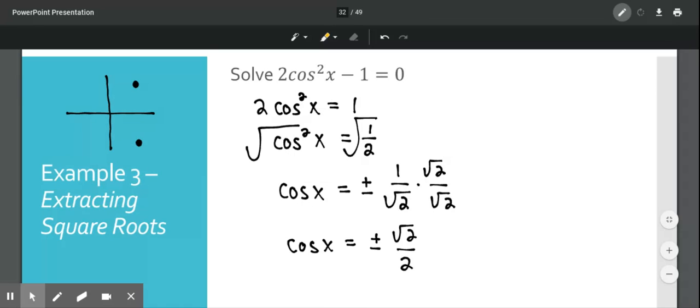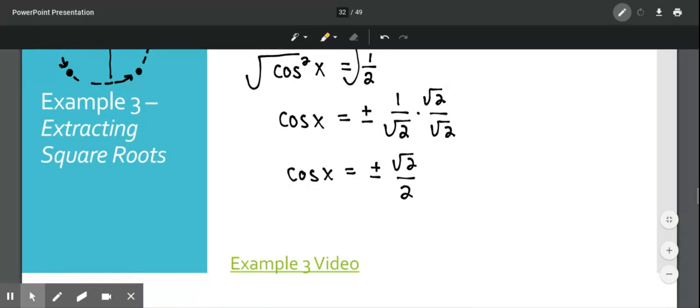And it's negative root 2 over 2 at 3 pi over 4 and 5 pi over 4. So it's all of these values, but if you think about it, from here to here is 90 degrees, which is pi over 2. And from here to here is 90 degrees, which is pi over 2. So these are all equally spaced apart. The previous ones weren't, but these are all equally spaced apart.